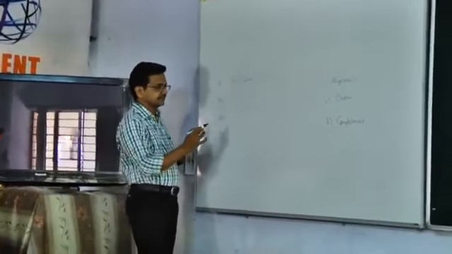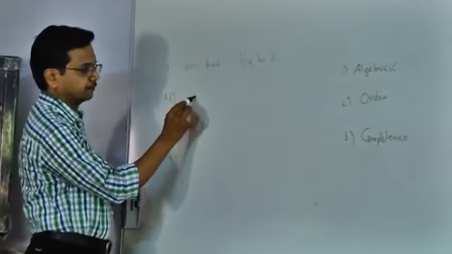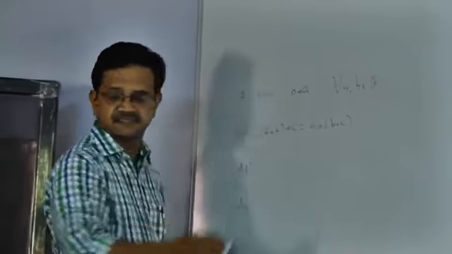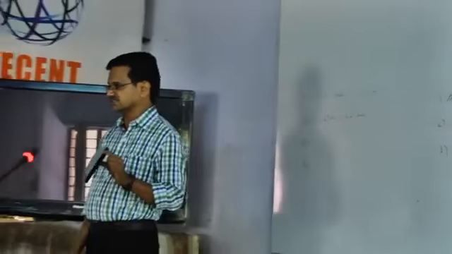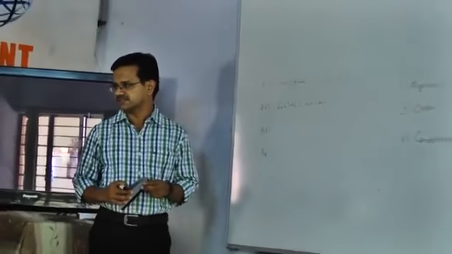Next, consider any 3 real numbers A, B, C. Then, as we know, (A plus B) plus C is equal to A plus (B plus C). That is, addition is associative. So these are the first two properties: addition is commutative, and addition is associative.